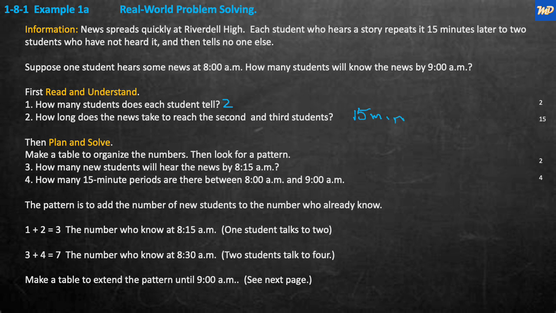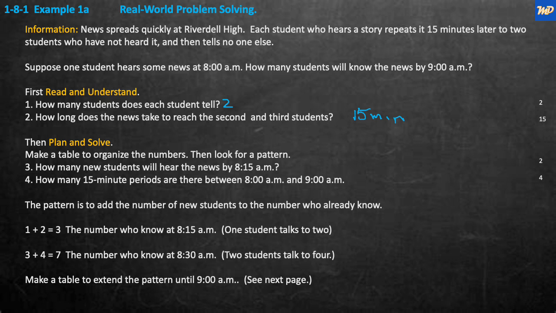Okay, 15 minutes. Now we're going to plan a strategy to solve this puzzle. It says make a table to organize the numbers, then look for a pattern. How many new students will hear the news by 8:15 a.m.? Well, we're going to start at 8 o'clock with just one student hearing the news, and he or she is going to start spreading the news 15 minutes later.